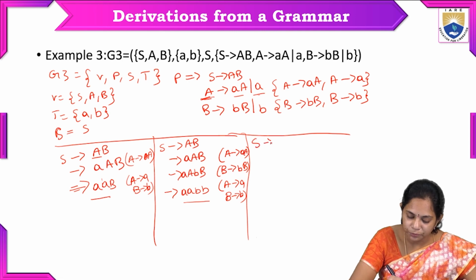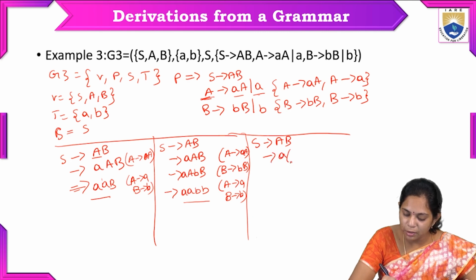And one more, AB. Here we will just substitute B, instead of B tends to B.